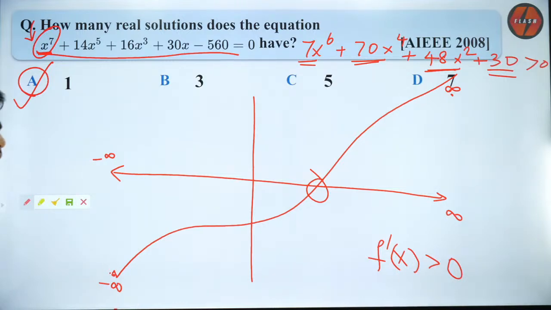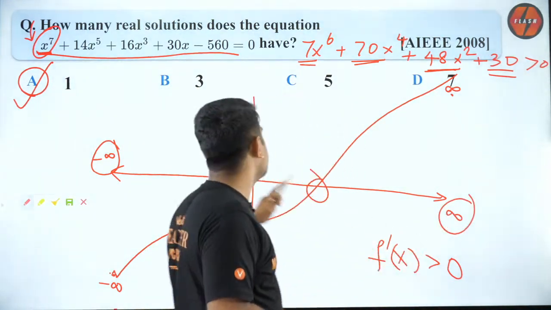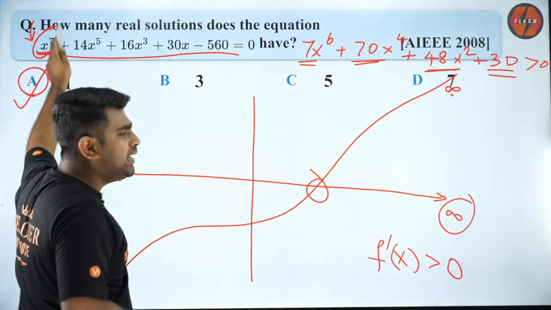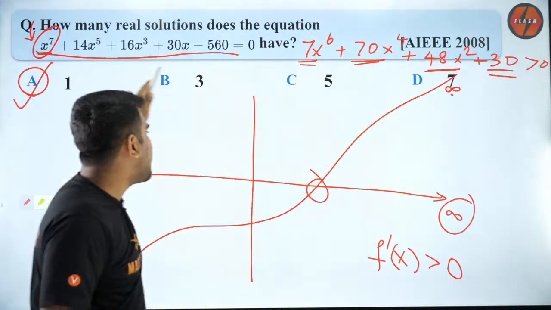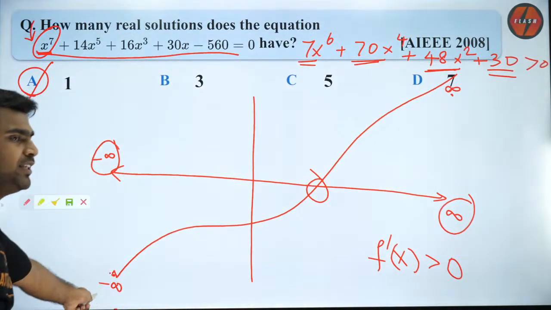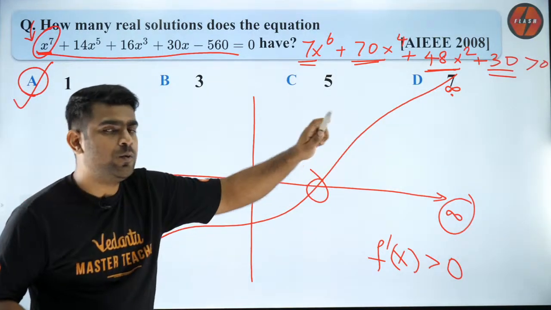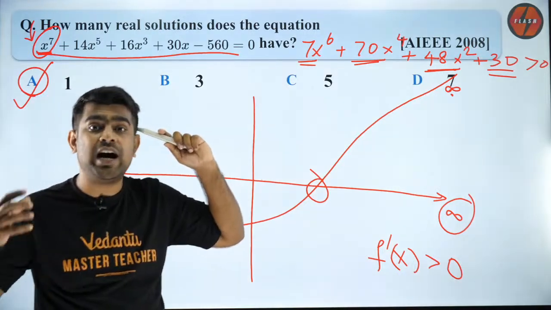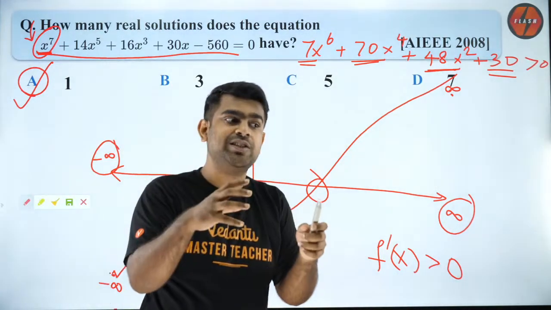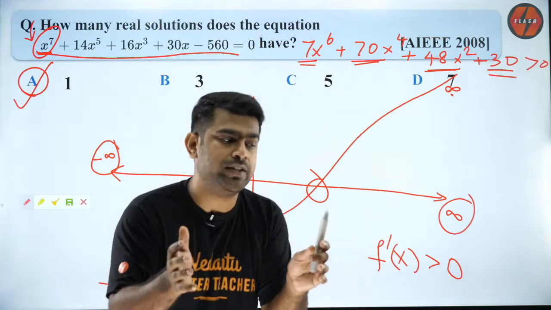Now guys, shall we move forward? Everybody understood why I took minus infinity and why I took plus infinity? Whenever you have an odd degree polynomial, at plus infinity it will tend to infinity and at minus infinity it will tend to minus infinity. So we just have to find out what happens in between, and that is where our AOD comes into the picture.